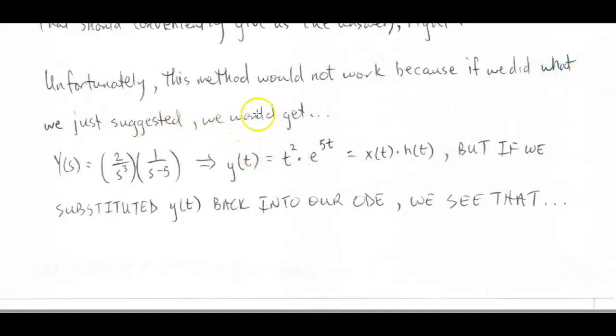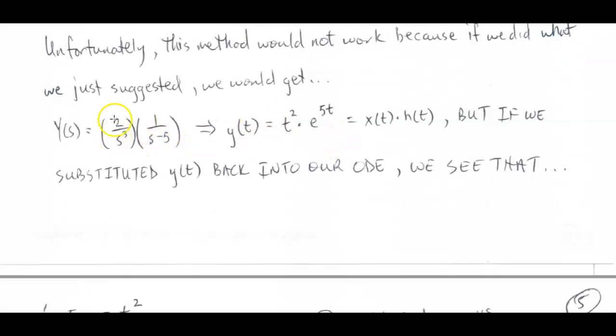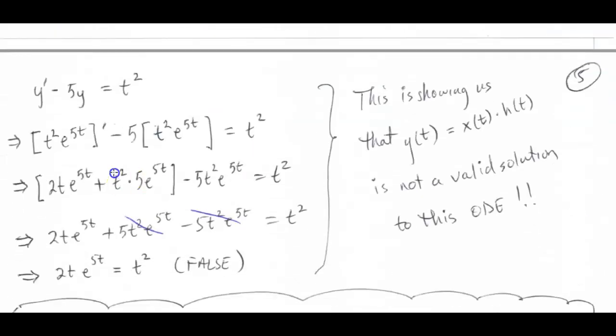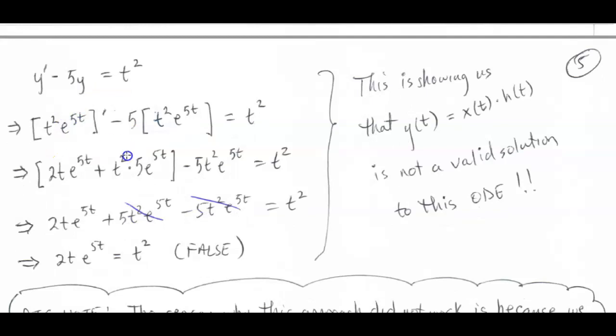Okay. So if we did just what we said here, remember this is big X of s, big H of s. And if we take the inverse Laplace transform of each of these, we got t squared for the first factor and e raised to the 5t for the second one. Okay. And so now if we take this solution and plug it back into our ordinary differential equation, you see I've done that here.